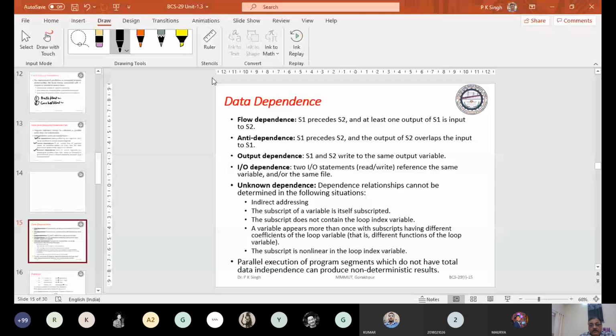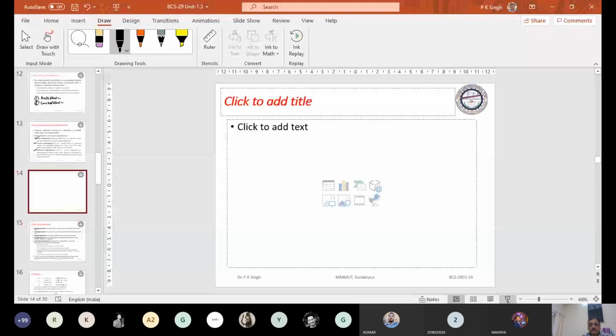Okay, now data dependence. Just consider any computational expression. In any computational expression, you have some variables, such as a equal to b plus c.